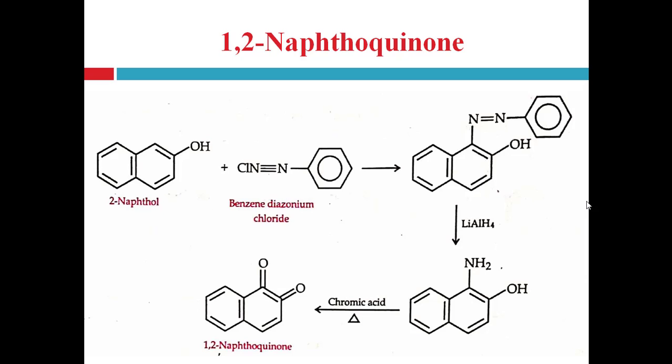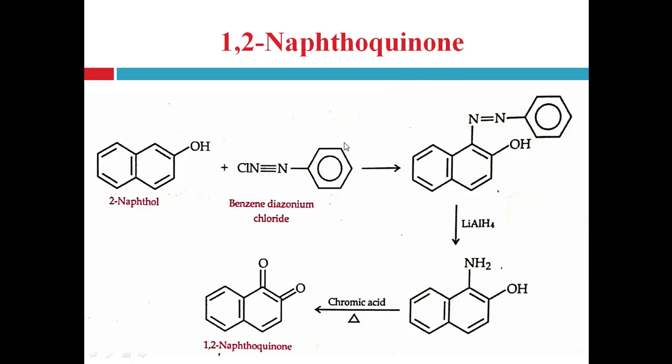2-naphthol reacts with benzene diazonium chloride and forms this corresponding dye, that is 1-phenylazo-2-naphthol.